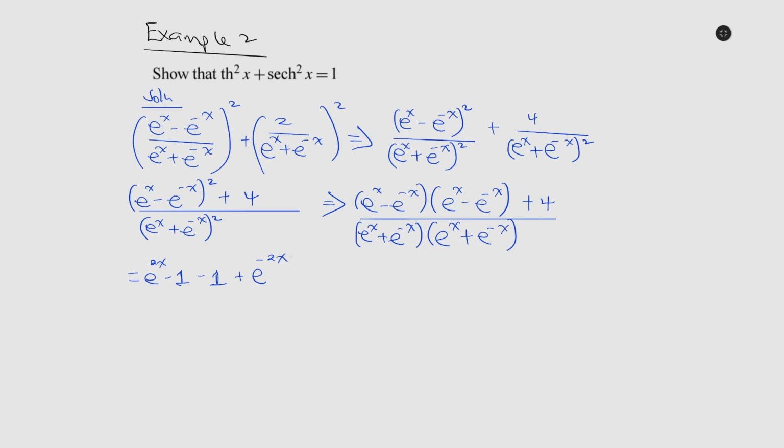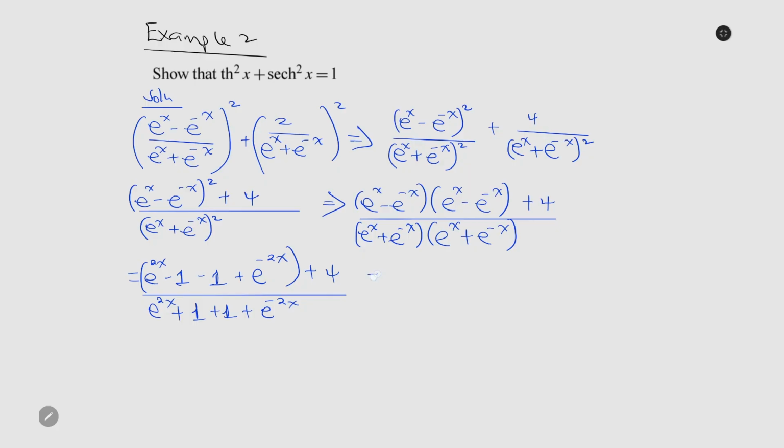Okay, so all these plus 4, over, I know e^x times e^x will give me e^(2x), e^x times e^(-x) will give me 1, but now it is positive because all these are positive, so I will have plus 1, and then e^(-x) times e^x, positive 1, plus e^(-x) times e^(-x) will give me e^(-2x).